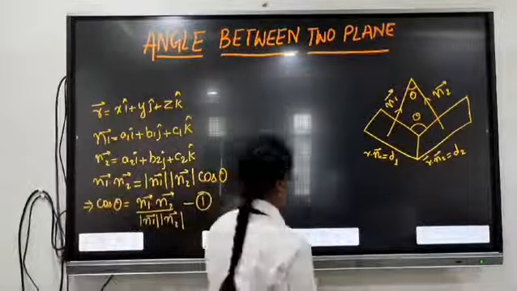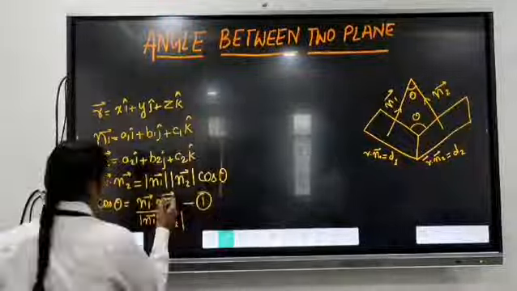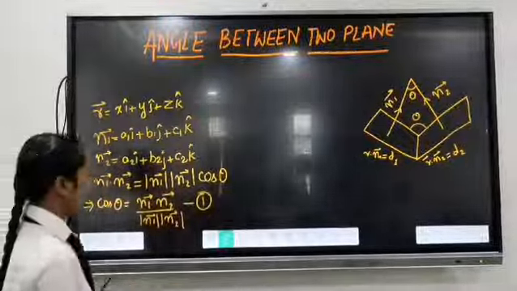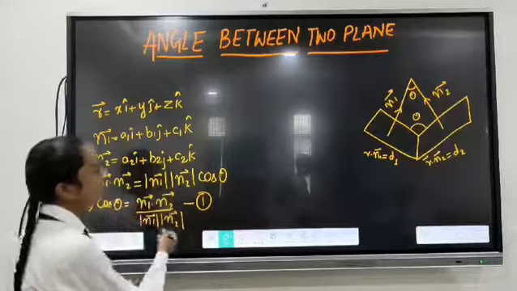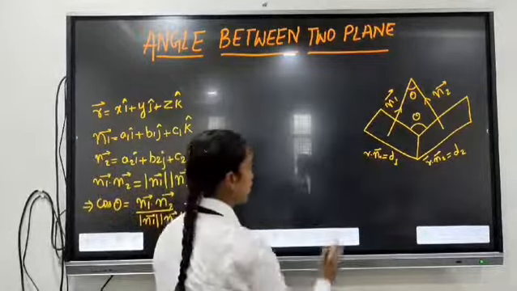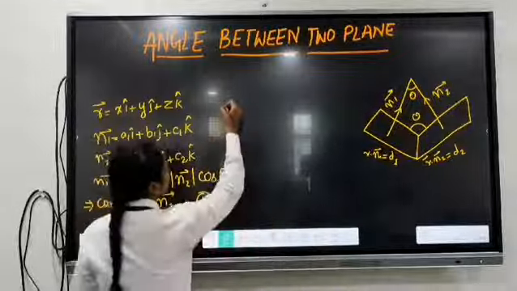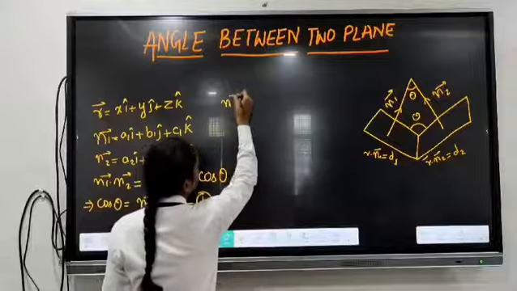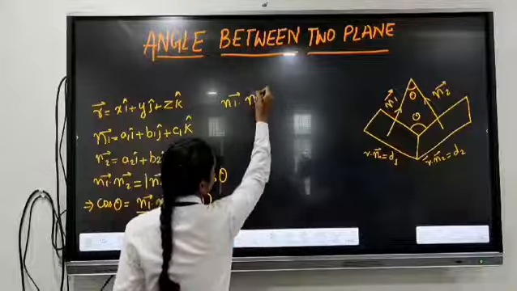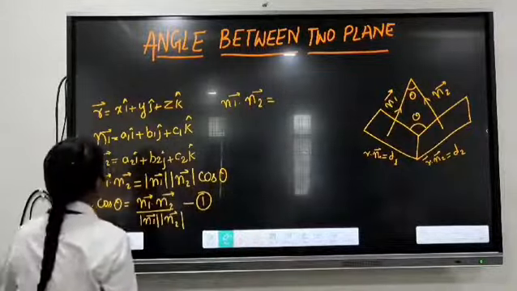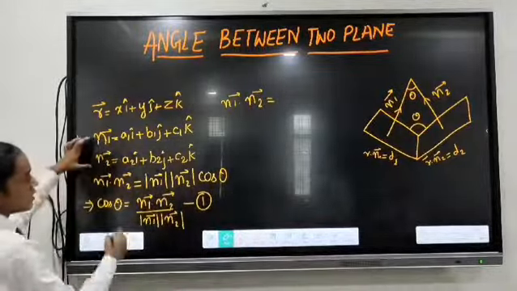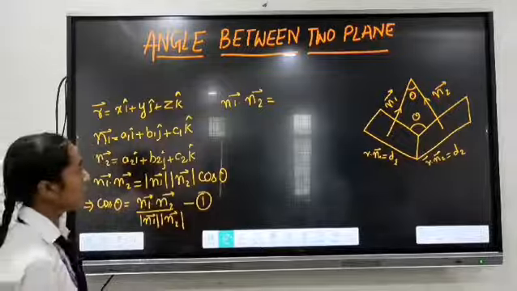So we have to substitute the values of n1 dot n2 vector and the magnitudes of n1 and n2 vector in cos theta to get the angle between the two planes, or we can say the angle between the two normals. Firstly we have to find n1 dot n2 vector. The dot product of similar vectors is 1 and the dot product of dissimilar vectors is 0.